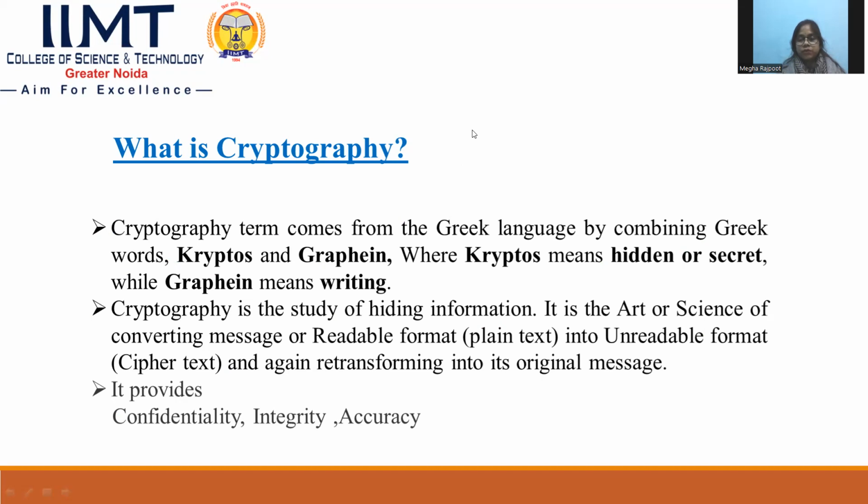It is the art or science of converting a message from readable format into unreadable format, and again transforming it into its original message. It provides confidentiality, integrity, accuracy. The message in readable format is called plain text, and the message in unreadable format is called cipher text.